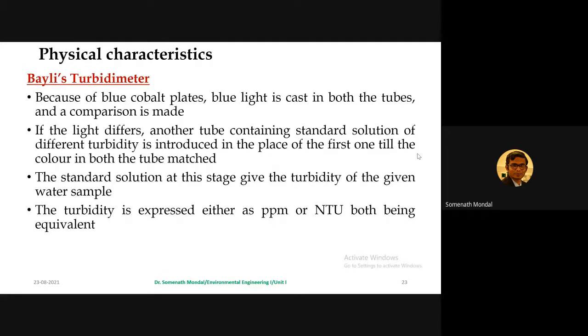You keep on changing the standard solution with known turbidity, and after a certain point you will see that the color is the same in both containers, and then you can tell that the liquid with unknown turbidity is the same as the known standard solution. This is the overall philosophy, and the minimum range is very well and very precisely recorded in this particular instrument.